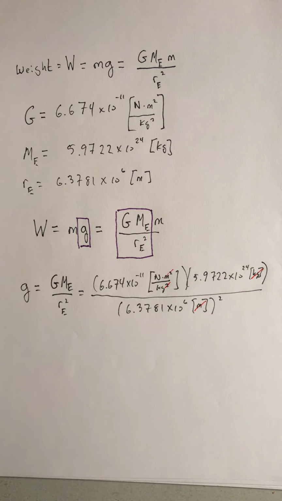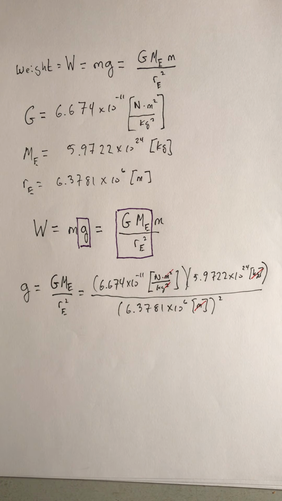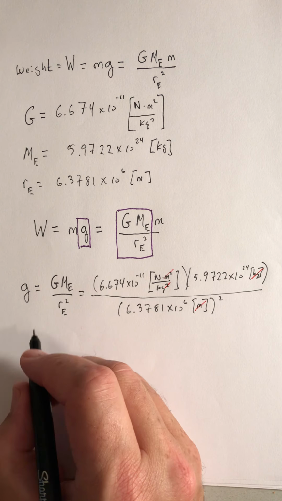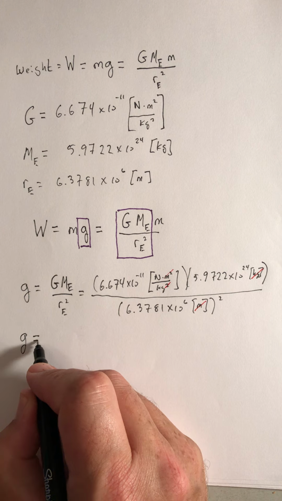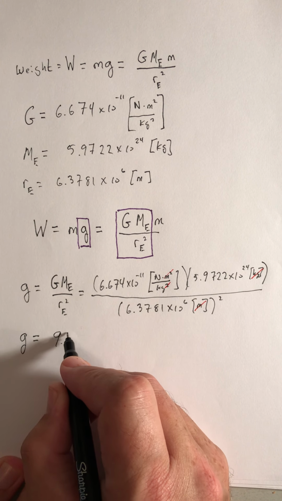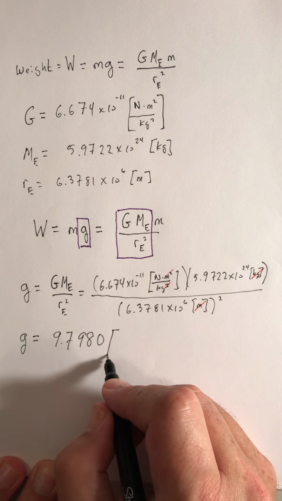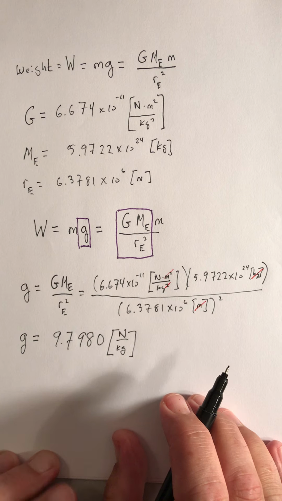So that is correct. All right, and you put that in your calculator, you're going to get little g, 9.7980 newtons per kilogram.